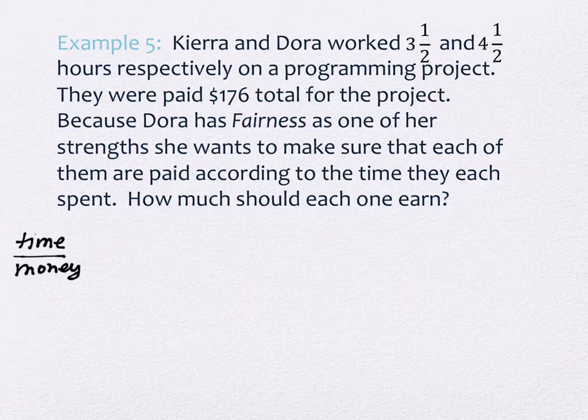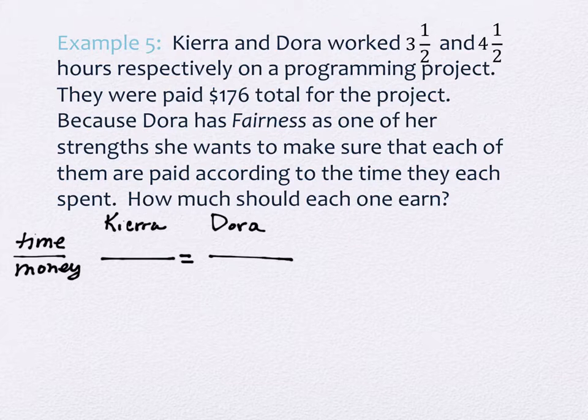Yeah, the people, right? How much each person earns and how much each person works. So we have Kierra on one side and Dora on the other. There's one more way you could set this up, and I'll show you how to do that in a little bit, but just as a reference point, we'll start here.